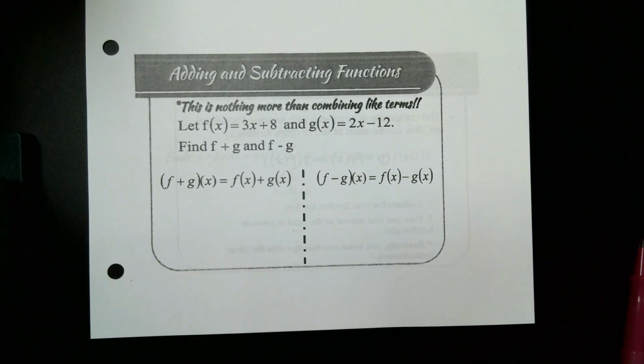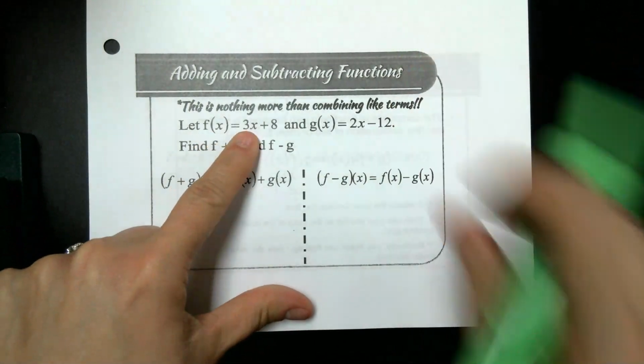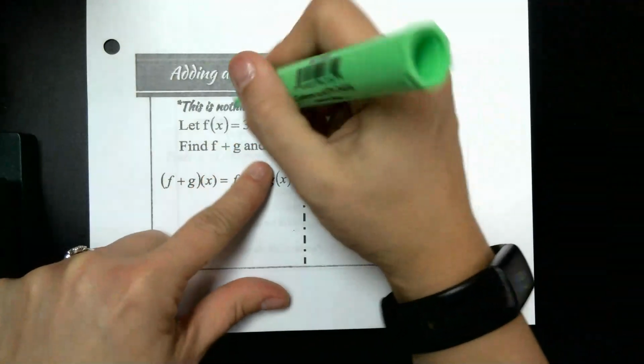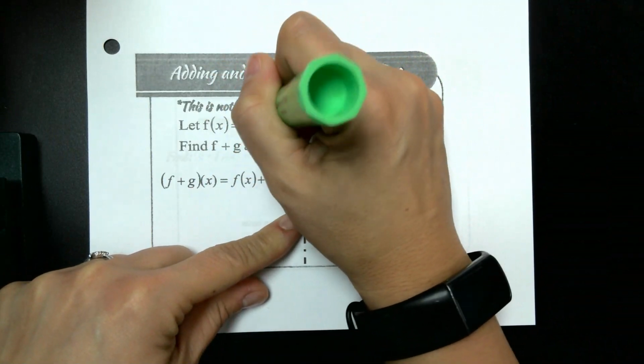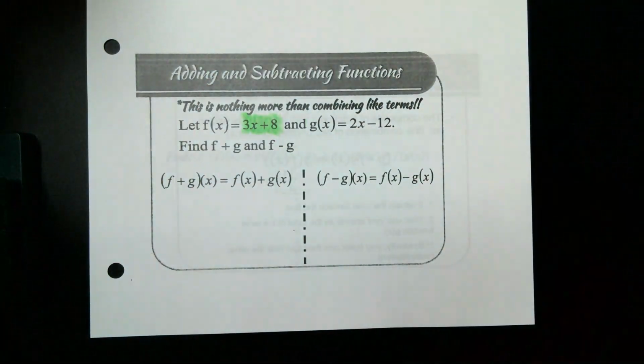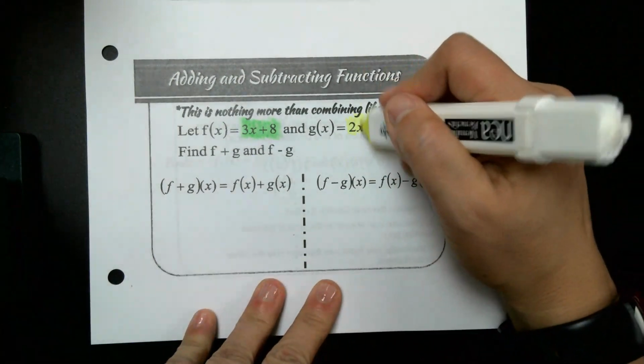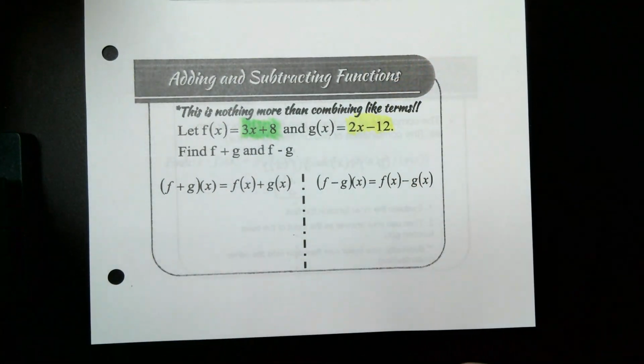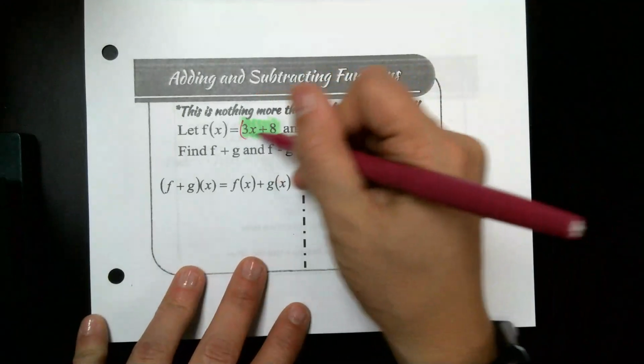Down here at the bottom, it says let f of x equal 3x plus 8. So here's f, that's function f. And then g of x is equal to 2x minus 12. Those are the two functions that we are going to add and subtract. You're just going to use these expressions.